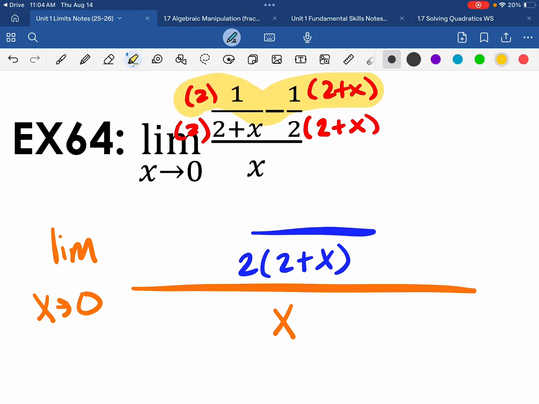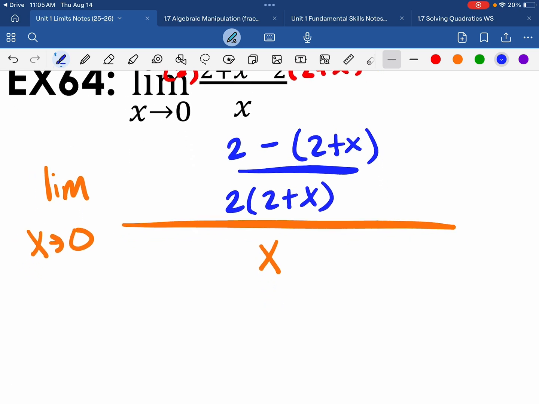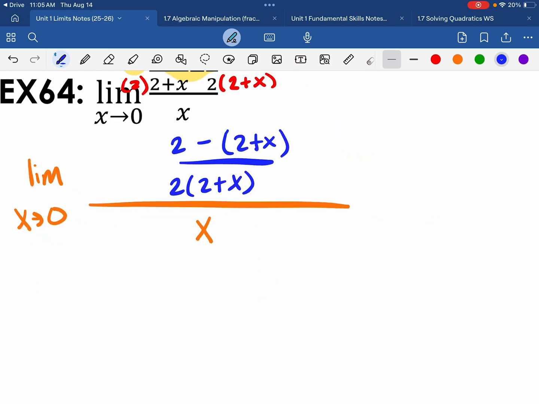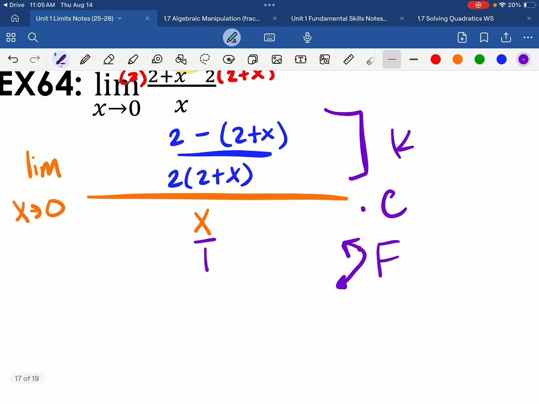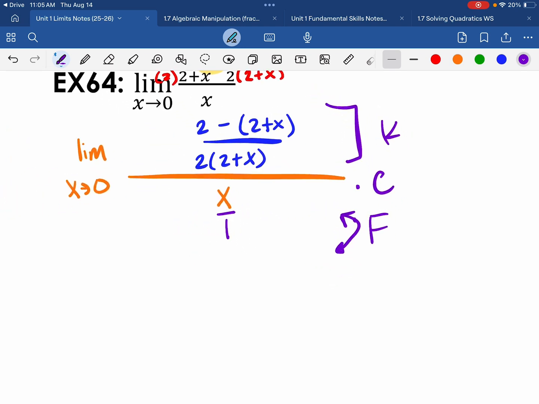And then all of this stuff on top is going to just be on top. 2 minus, and then in parentheses, 2 plus x. So once you get it all as one fraction, we are ready to keep, change, flip. And when I keep, change, flip, I'm going to distribute the negative.